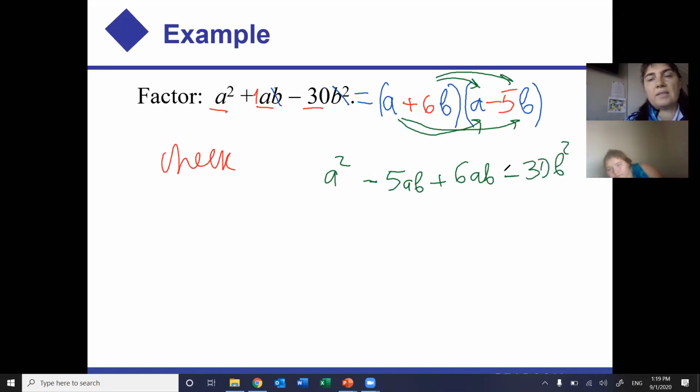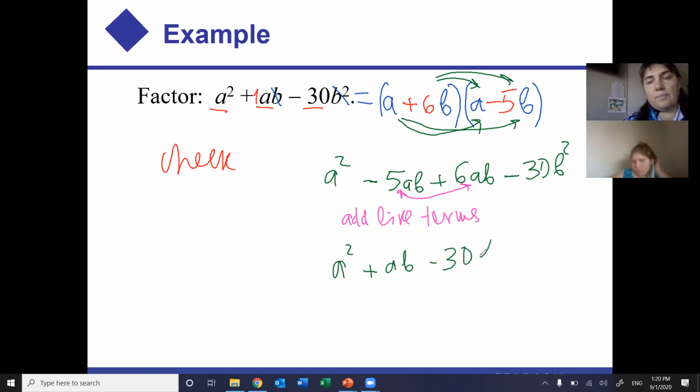So then the last thing to do is to add like terms. We're adding like terms, those two. And the result would be A squared plus AB minus 30B squared.